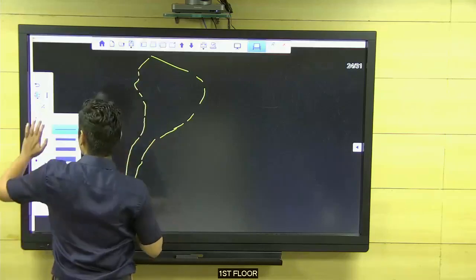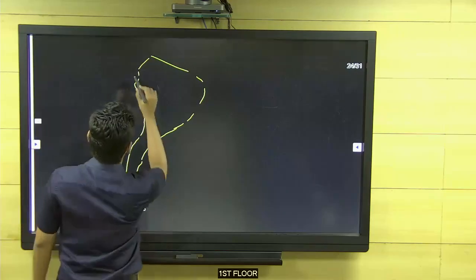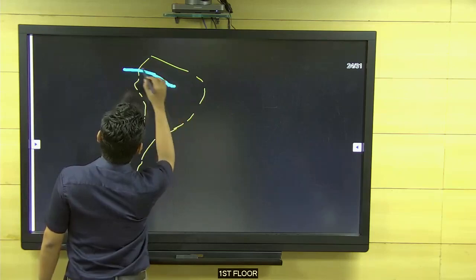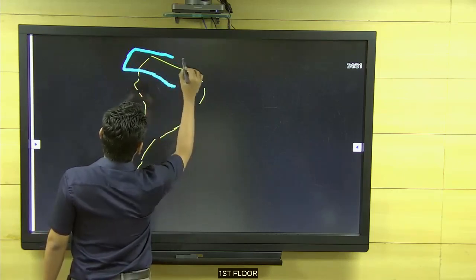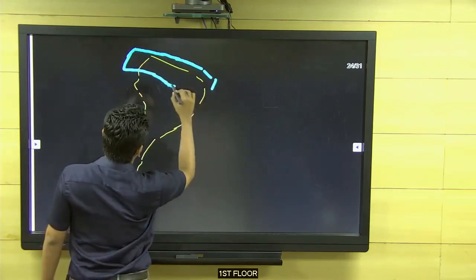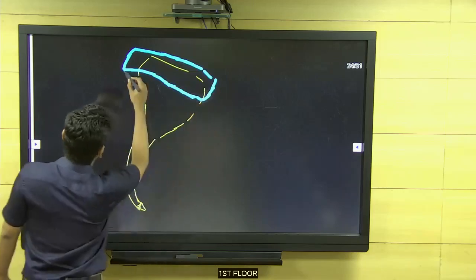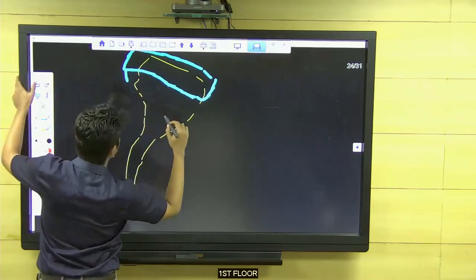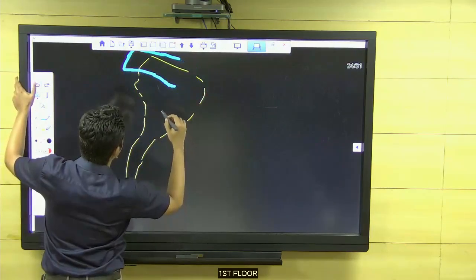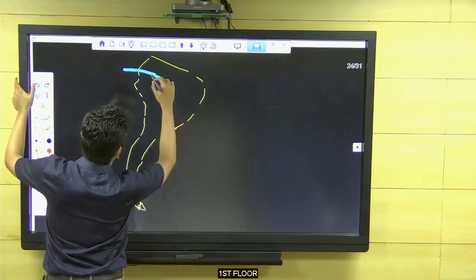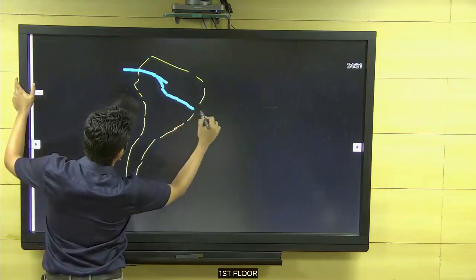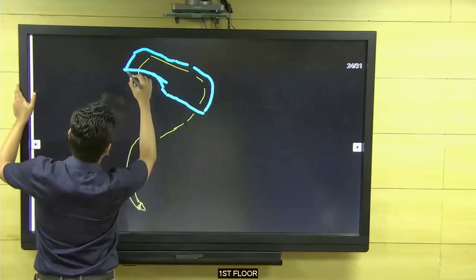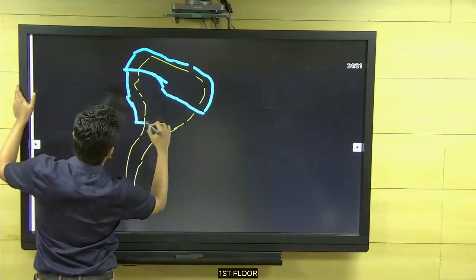Right. So if you take your climatic regions, this is my equatorial region, okay? One. Next is my desert.